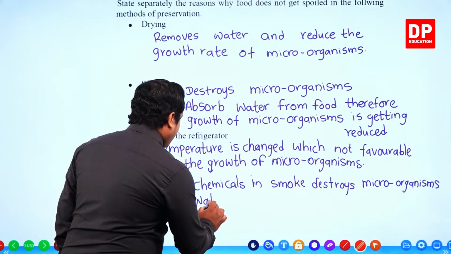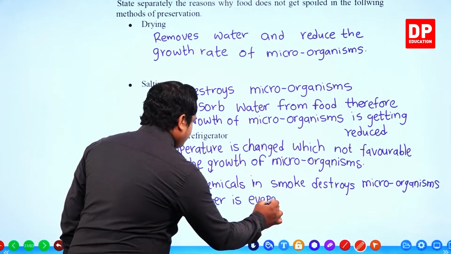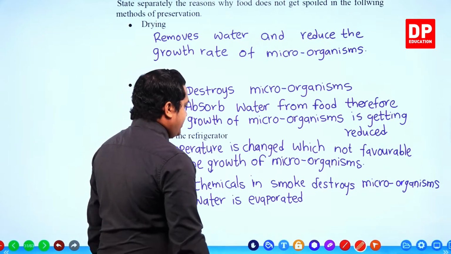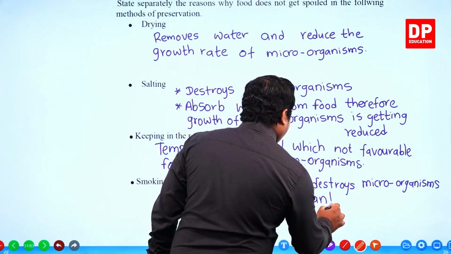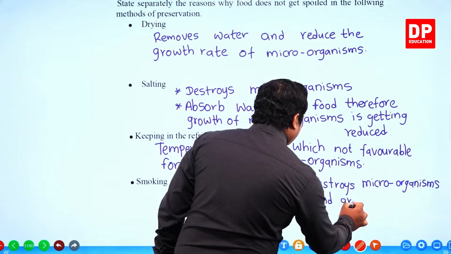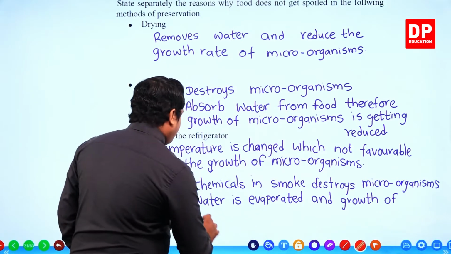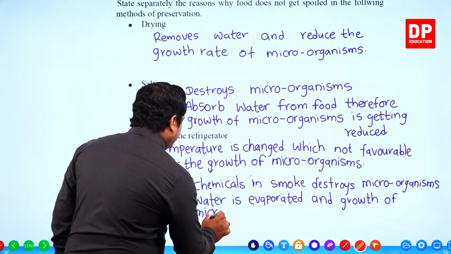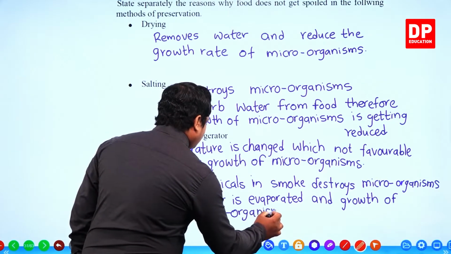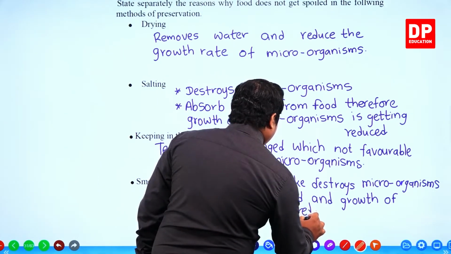Water is evaporated and growth of microorganisms reduced.